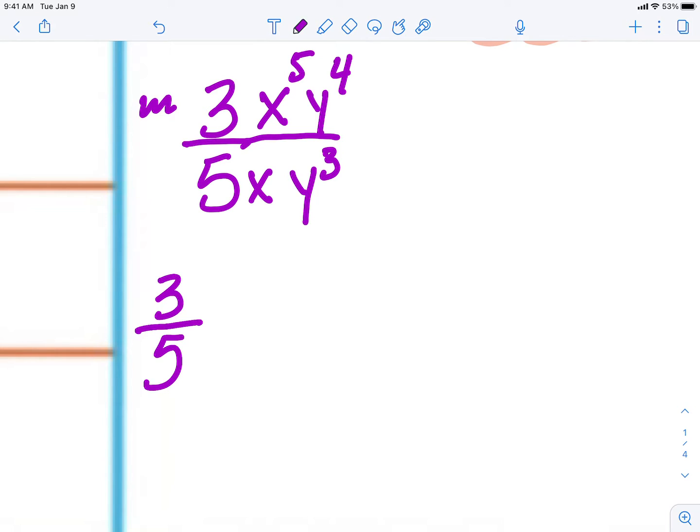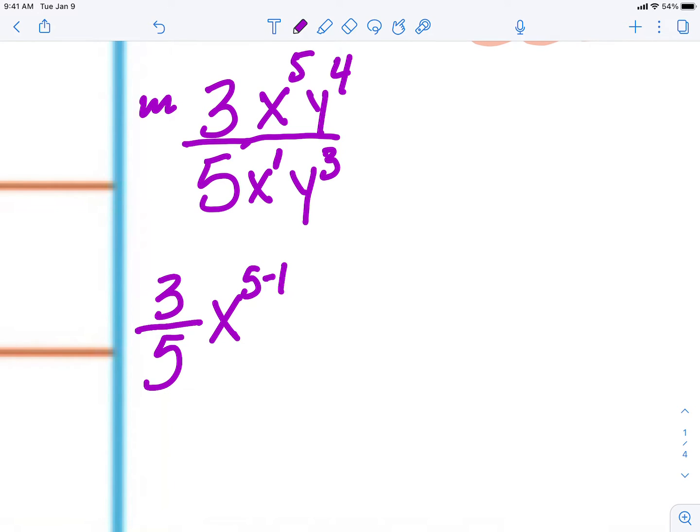What are my exponents for x? The x down here has an invisible 1, so my exponents for x are 5 and 1. The rule when we're dividing is we subtract, so 5 minus 1.